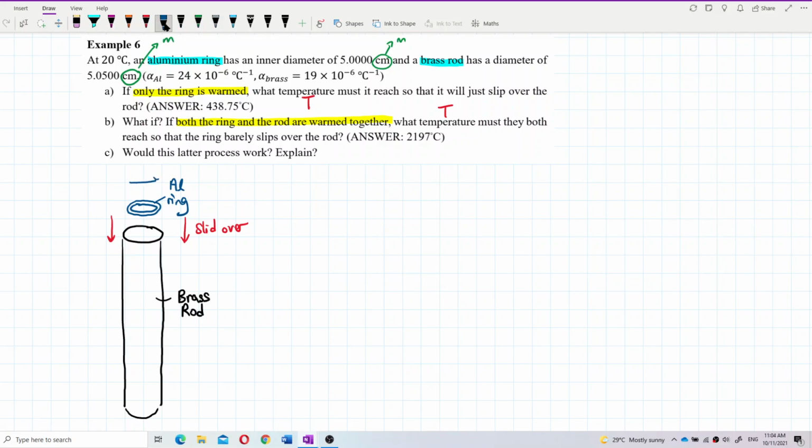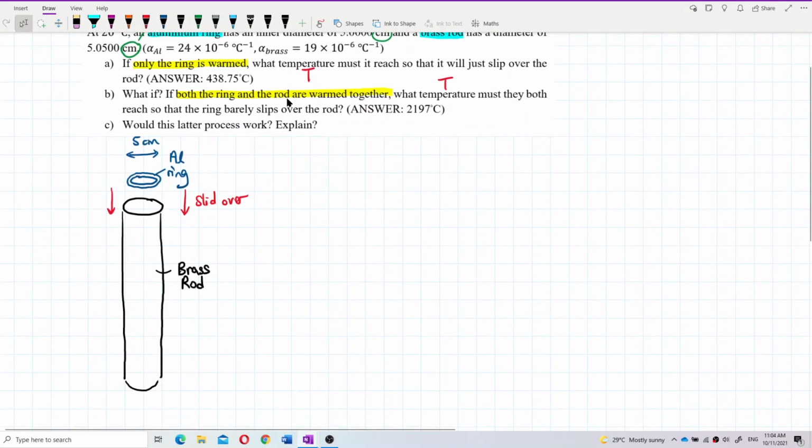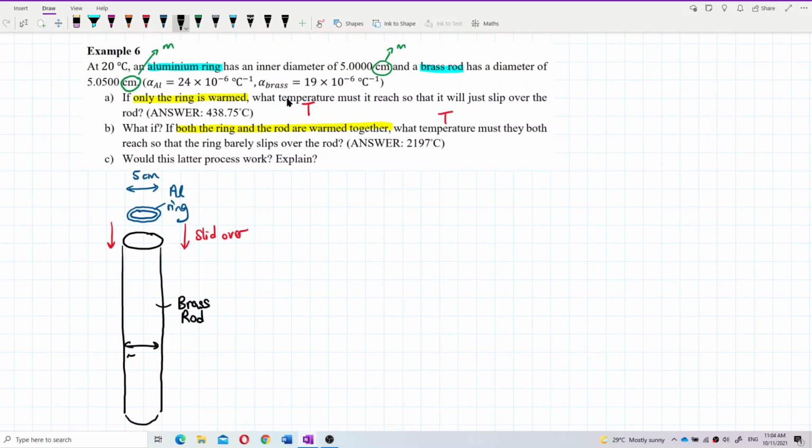The inner diameter of aluminum ring is only 5 centimeter. However, the brass rod has a bigger diameter, 5.05 centimeter. This is the brass rod, the diameter is 5.05 centimeter.